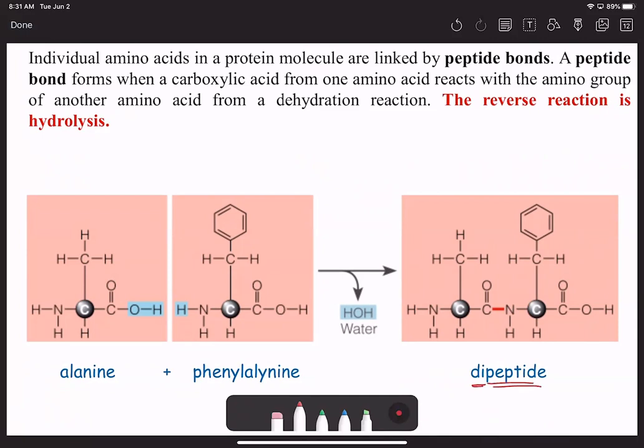So peptides are these amino acids. These peptide bonds are what's formed. These peptides are formed when we bond amino acids together. And I'll point out the actual peptide bond here. When we're creating peptide bonds, this is our peptide bond.